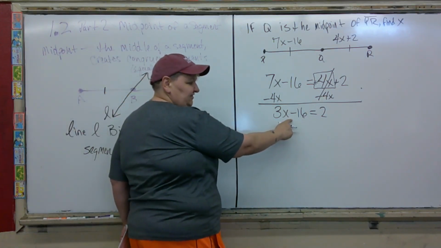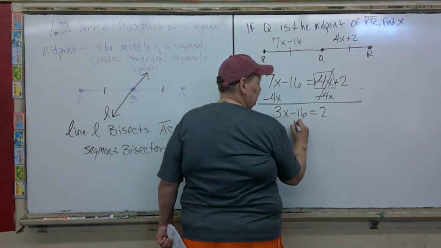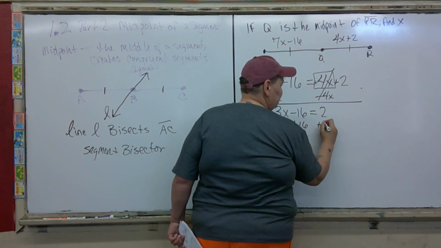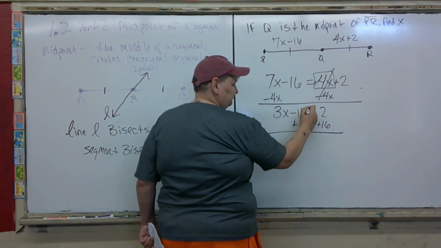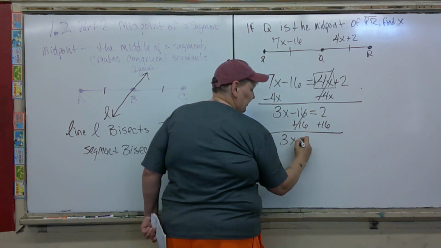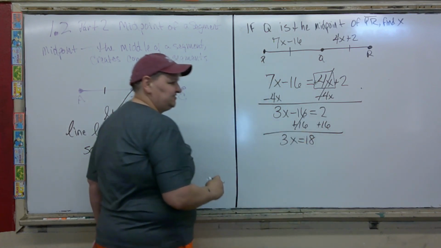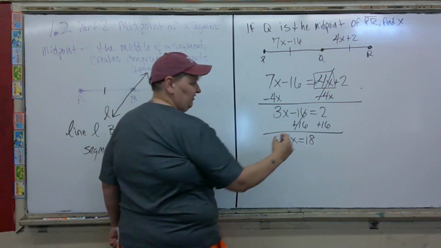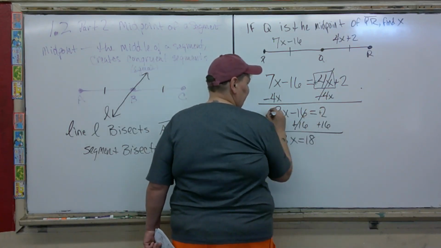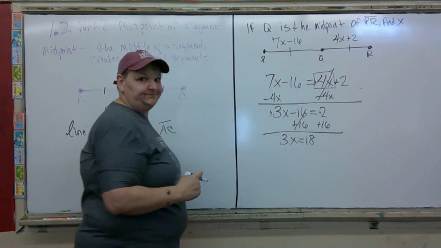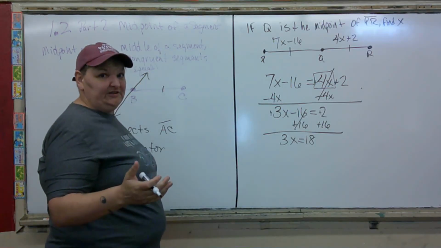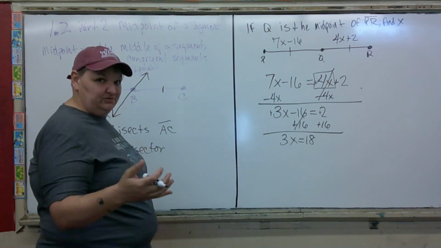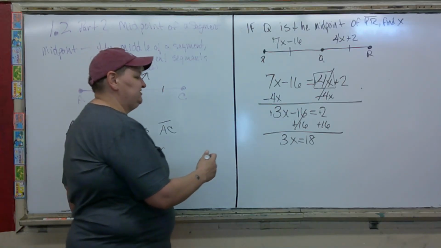Get rid of the constant. It's a negative 16, so we're going to add 16 to both sides. 3x equals 18. 16 plus 2, 18, right? If there's no sign in front of it, you can assume it's positive. If you did the basic math review like you were supposed to. Anyways.